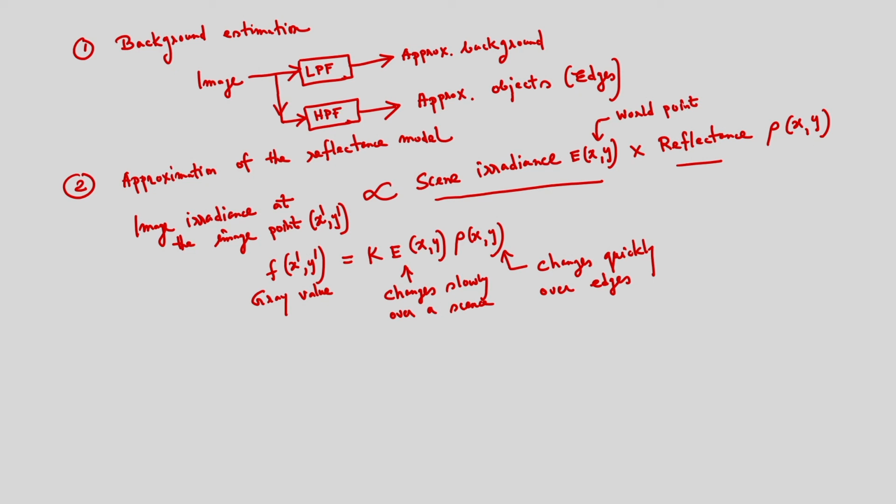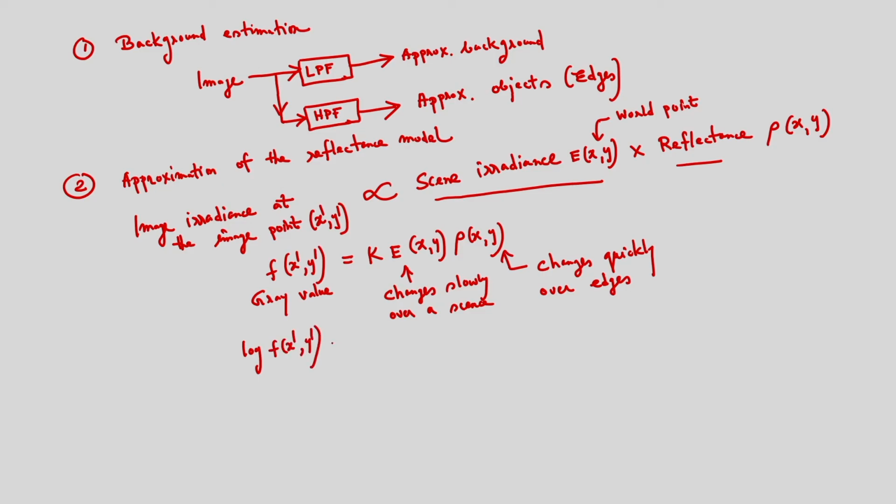So I have two components, one is the irradiance and another is the reflectance, and I can apply the log operation, log f(x dash, y dash).